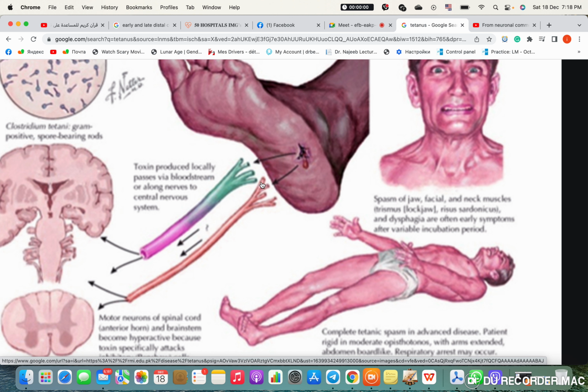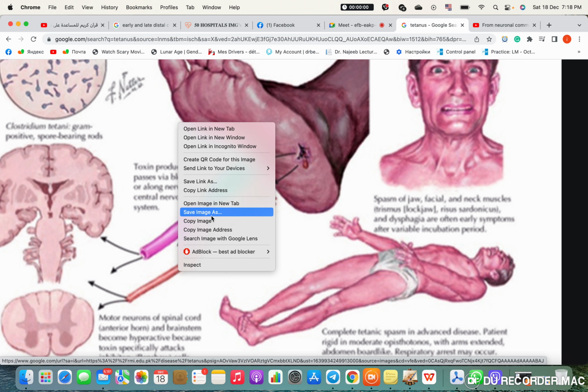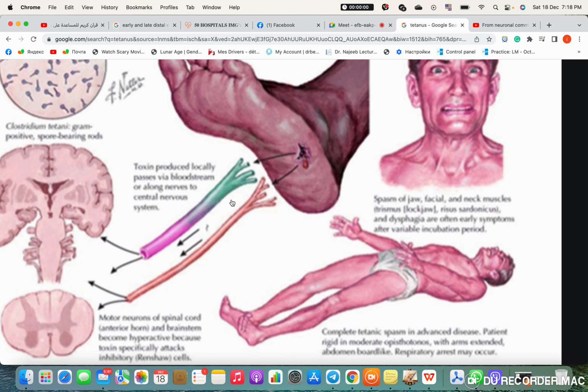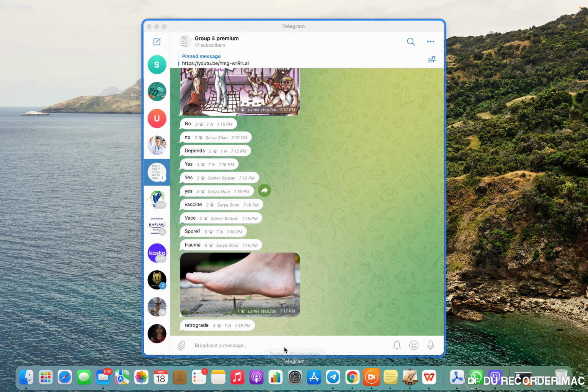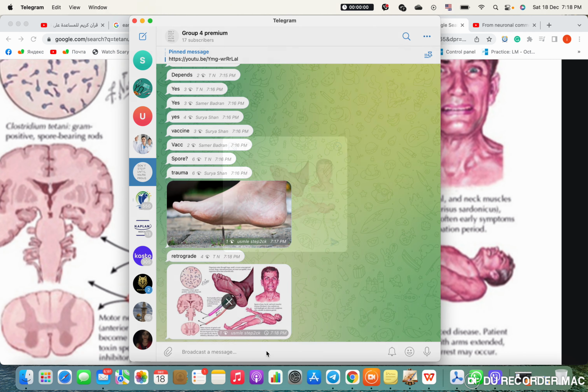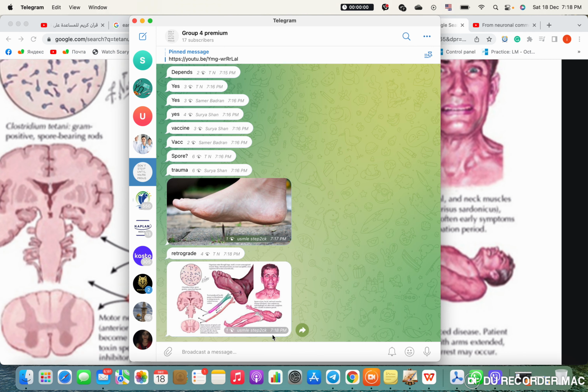So how can the tetanospasmin make it from the wound to the CNS? Well, it moves inside of the neurons, the toxins, of course, retrogradely. Guys, do you remember which molecule helped you to move retrogradely inside of the CNS?